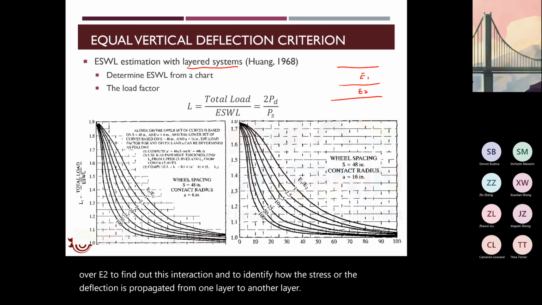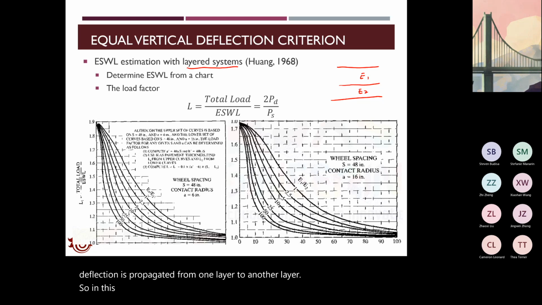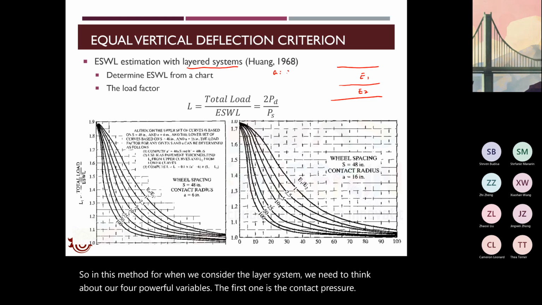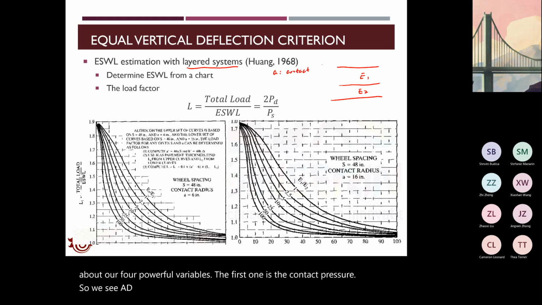So in this method, when we consider the layered system, we need to think about 4 variables. The first one is the contact pressure, and the contact radius. The second one is the thickness, where you want to estimate the ESWL.